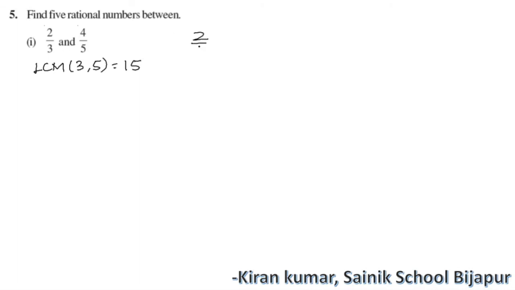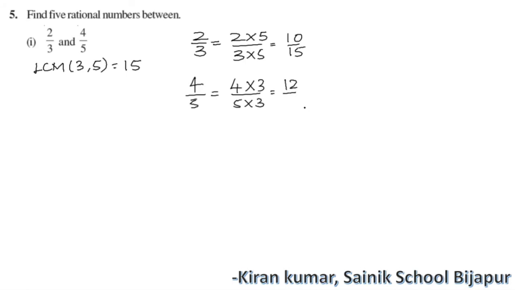So the given number 2 by 3 is same as 2 multiplied by 5 upon 3 multiplied by 5, which is 10 by 15, and 4 by 5, which is equal to 4 into 3 upon 5 into 3, this is 12 by 15. Now there's only one rational number which is easy to guess between 10 by 15 and 12 by 15.